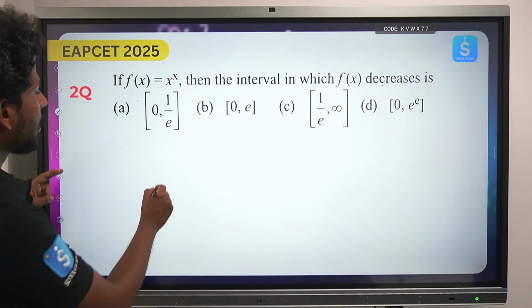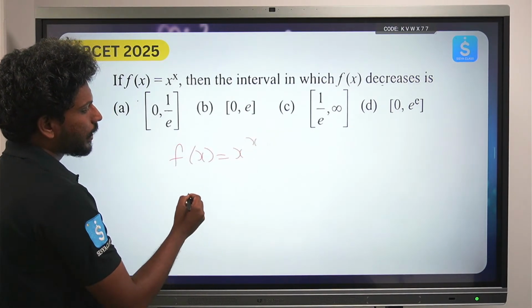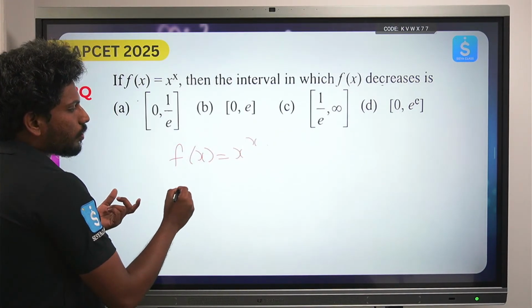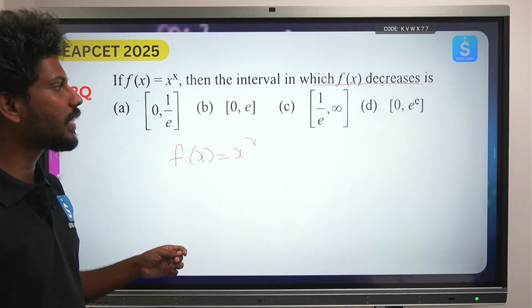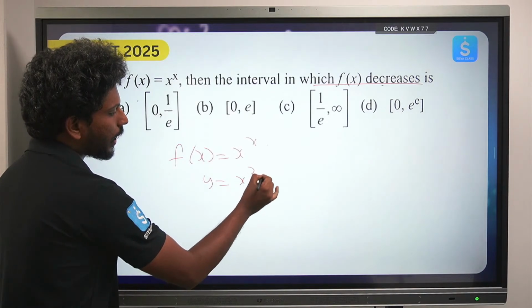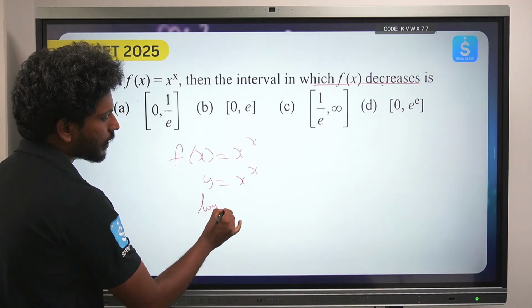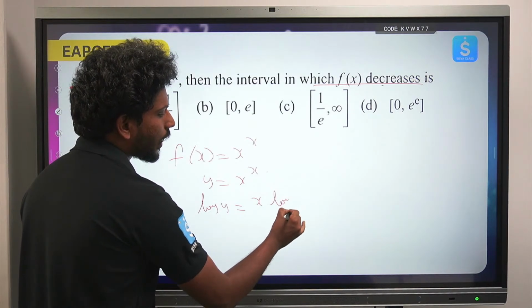Okay, see here you have a function f of x equals x to the power x. Now apply log on both sides. How do you differentiate? He's saying that for which values of x the function decreases. So y is equal to x to the power x. Apply log on both sides. Log y is equal to log x power x. So this will become x log x, right?